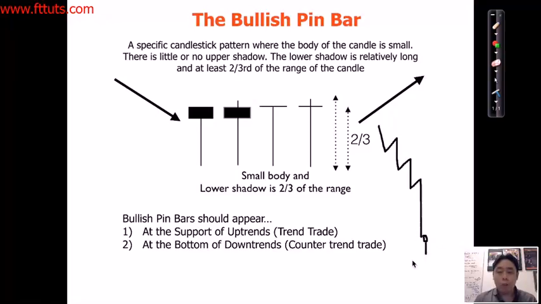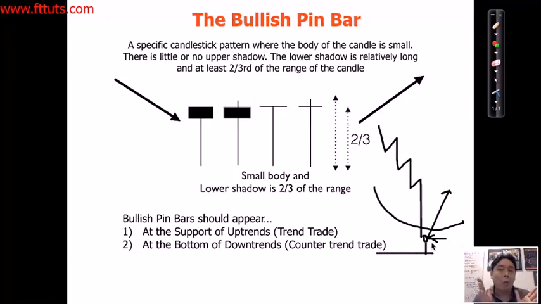And it's got to be oversold, right? How do you know it's oversold? Well, you can use the Bollinger Bands, for example, if the price is outside the Bollinger Bands or near the lower Bollinger Bands, or if there's some kind of support level, that adds added conviction that, hey, we've bottomed, right? And the price is likely to reverse up. So we start to go long once we see that. So that's a bullish pin bar.